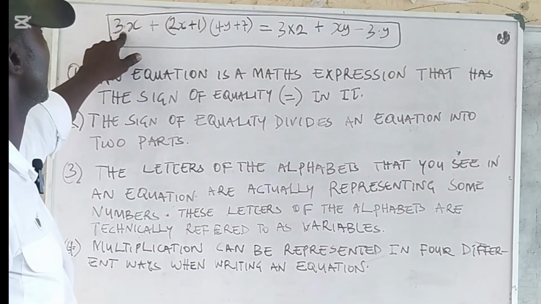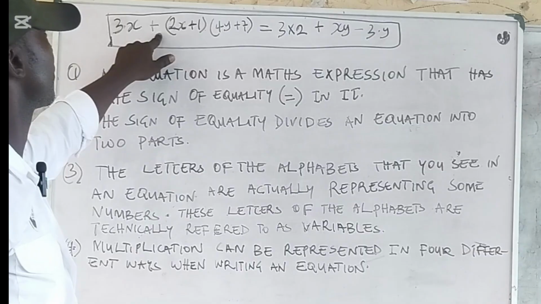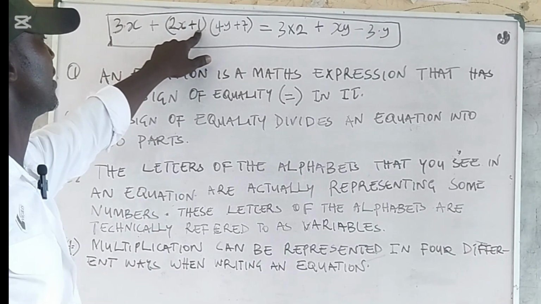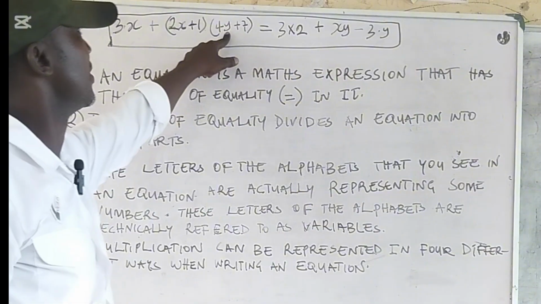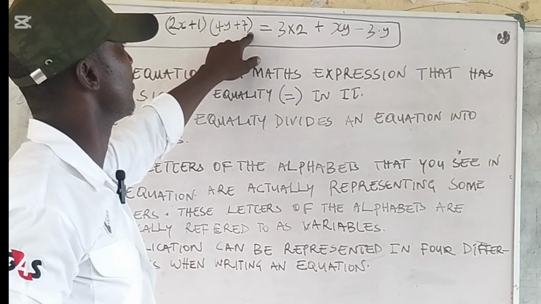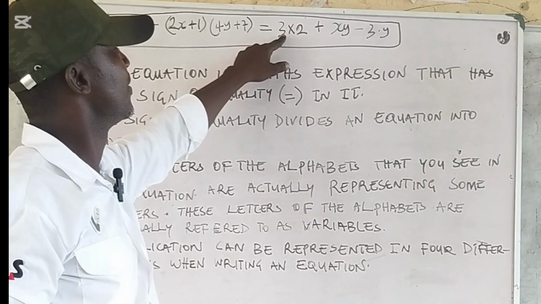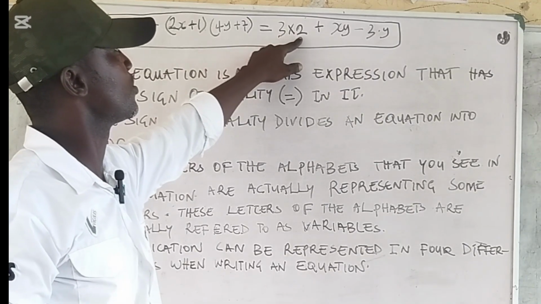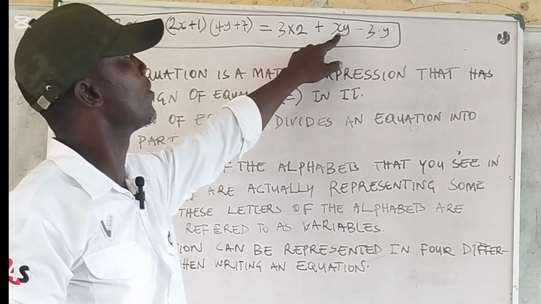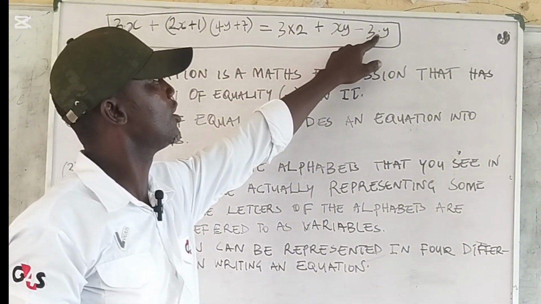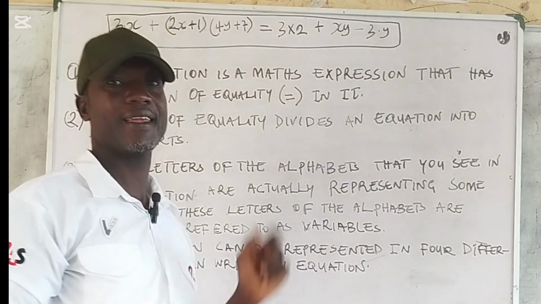What we have here is 3x plus, in bracket, 2x plus 1. We have another bracket, 4y plus 7. We have the equal to sign. We have 3 times 2 plus yx minus 3y.